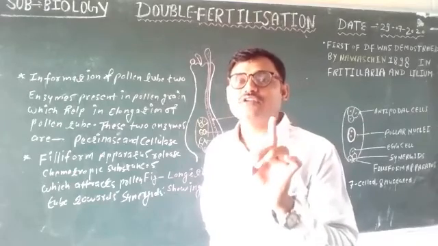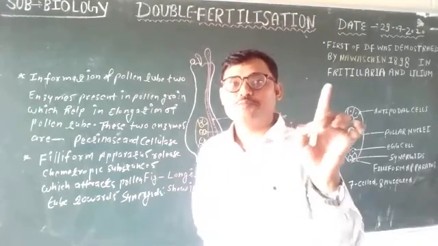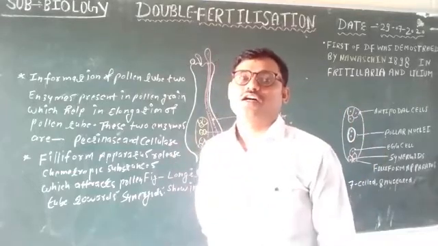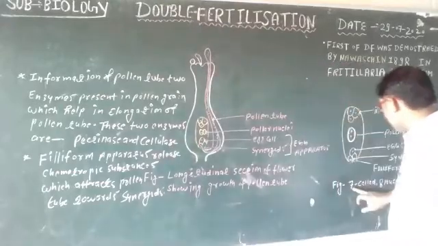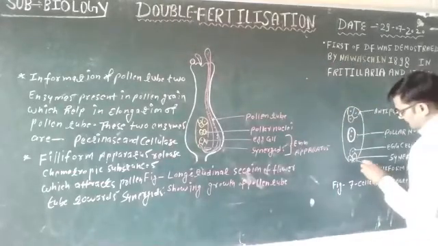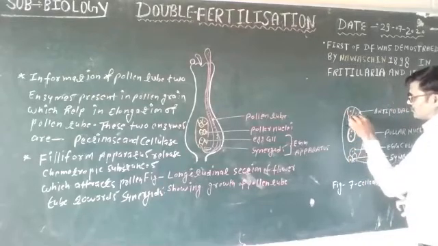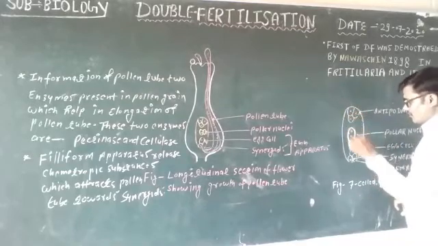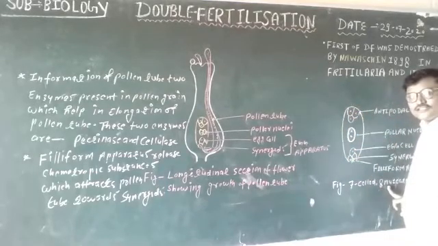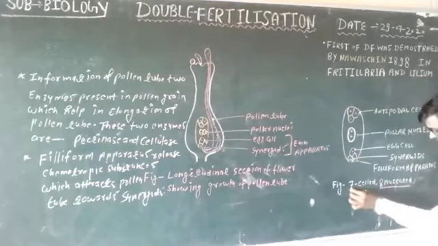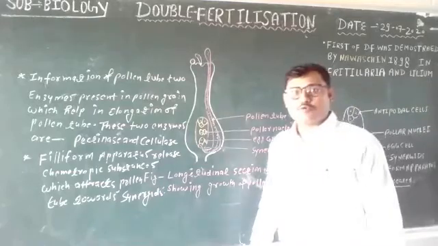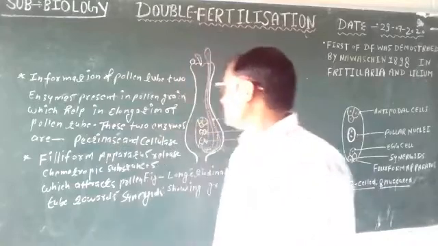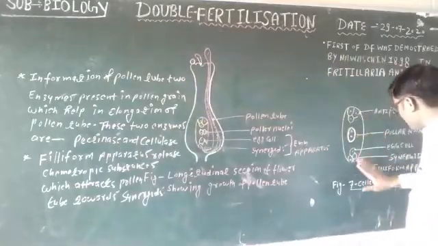The 7-celled, 8-nucleated stage is present in angiospermic plants. Counting: 1, 2, 3, 4, 5, 6, 7 cells, and 8 nuclei: 1, 2, 3, 4, 5, 6, 7, 8. This is an important characteristic feature of the angiospermic plants.